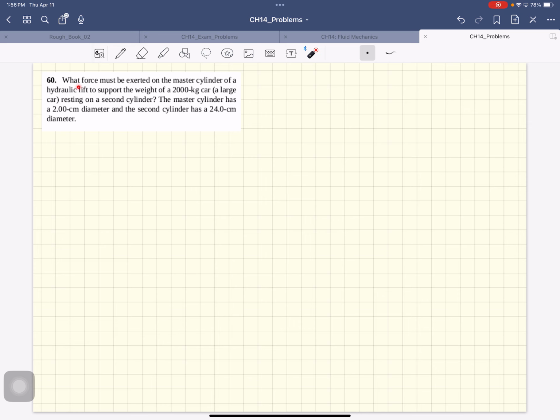Okay, so this problem says, what force must be exerted on the master cylinder of a hydraulic lift to support the weight of a 2,000 kg car, a large car resting on a second cylinder? The master cylinder has a 2 centimeter diameter, and the second cylinder has a 24 centimeter diameter. So you see, this is a factor of 12 increase.